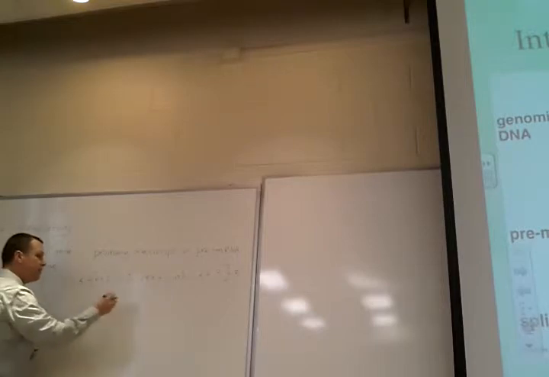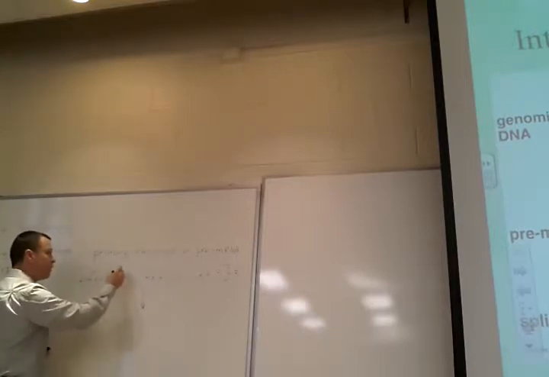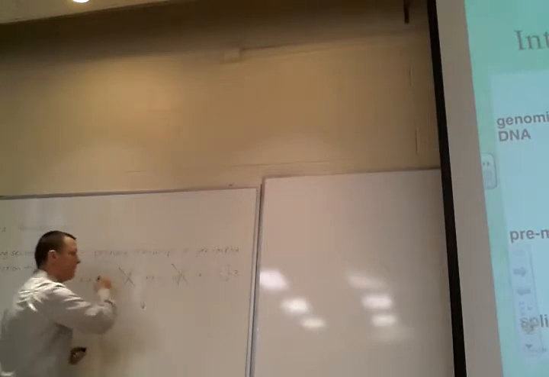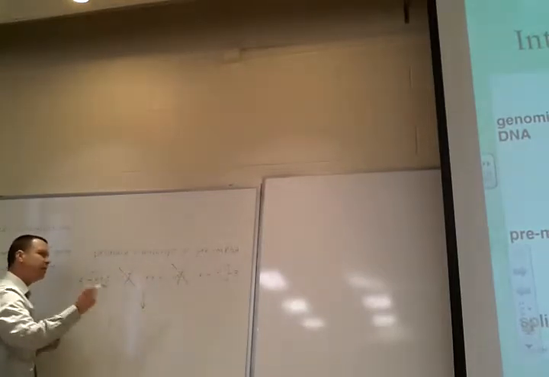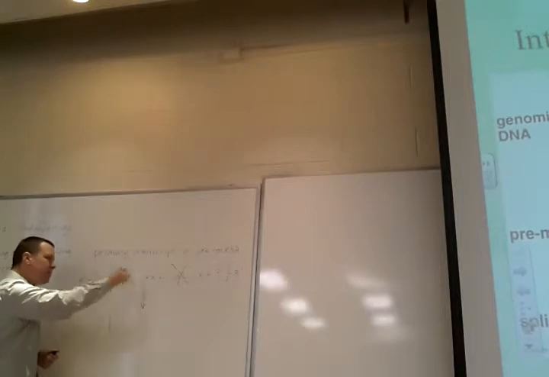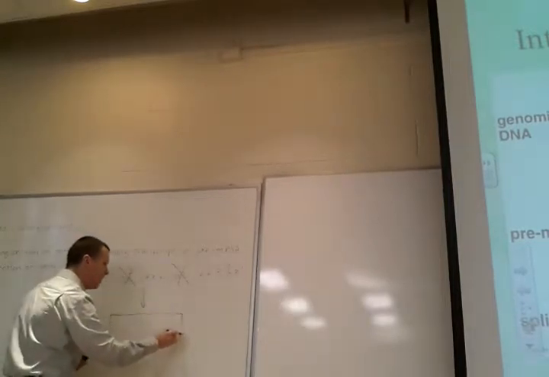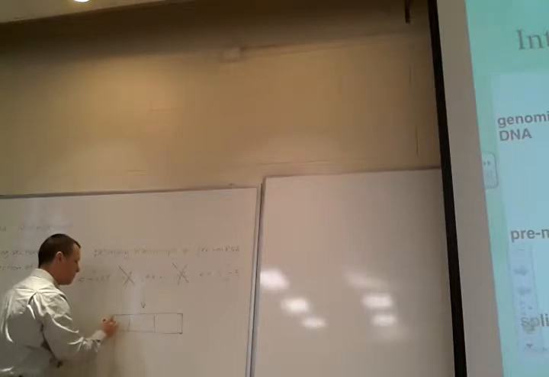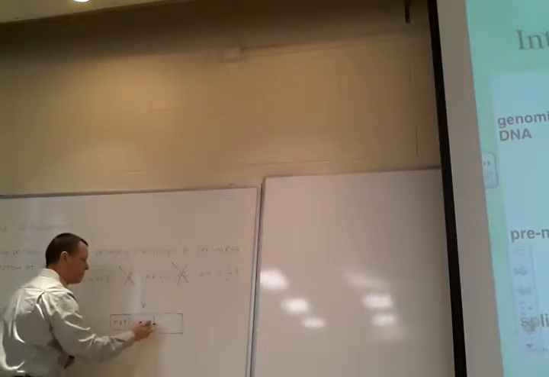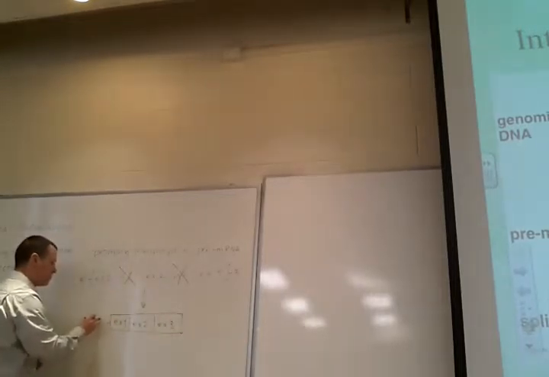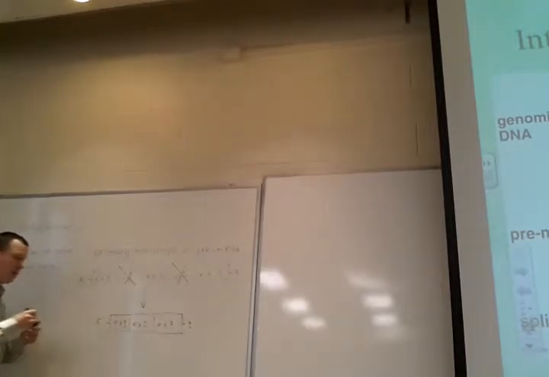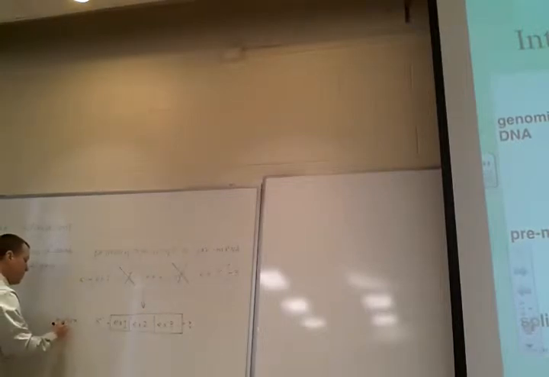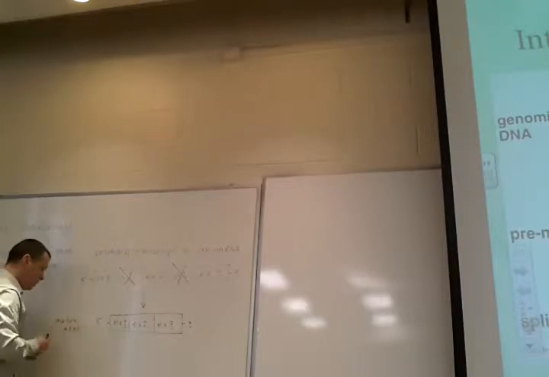If we get rid of the introns and glue together the 3 exons, then our mature messenger RNA is going to be shorter than that primary transcript, right?